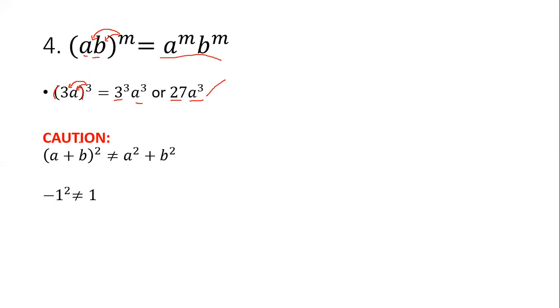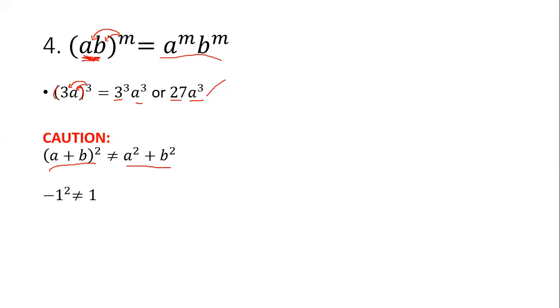Caution. So, meron tayong caution dito. Ang a plus b squared or quantity squared ay hindi po equivalent sa a squared plus b squared. Tatandaan po natin yan. Bakit? Remember, in our rule, we are multiplying factors or expressions.